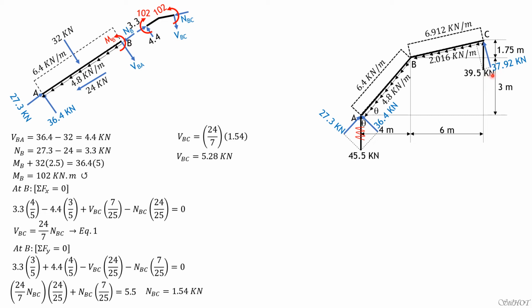So the shear component of 39.5, this is the reaction RCY, is 37.2, while the tangential component is 39.5 times 7 over 25, that's 11.06 rightward. So we remove 39.5.